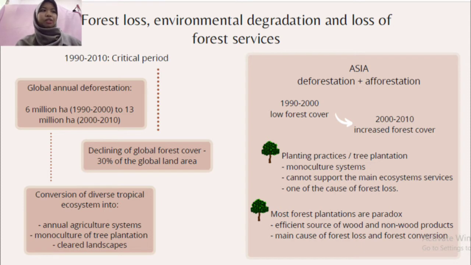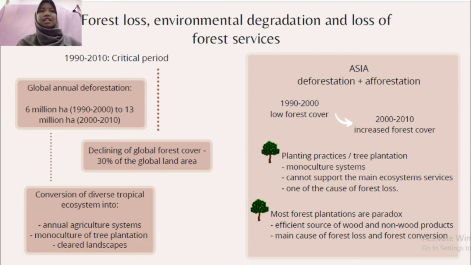All of this shows the conversion of diverse tropical ecosystems into annual agriculture systems, monoculture tree plantations, and cleared but unused landscape. Even though there is a high forest loss rate, the planting and natural forest regeneration somewhat help in conserving our ecosystem, so that our forest is still at a sustainable rate and not that unsustainable.